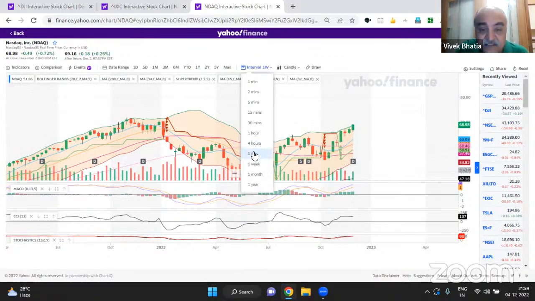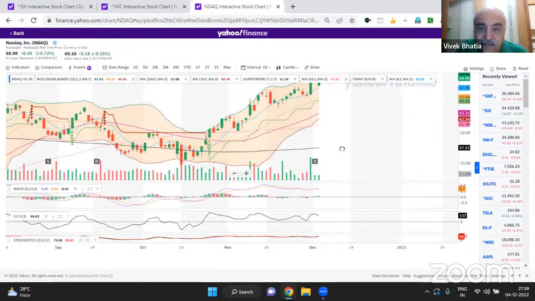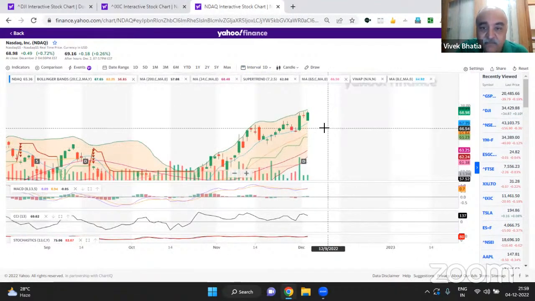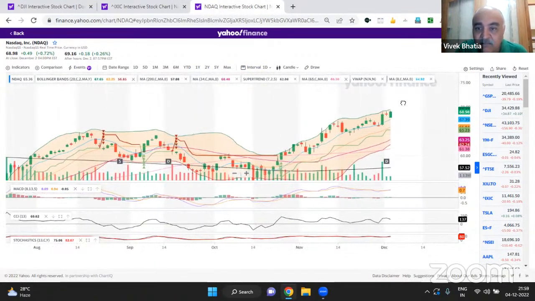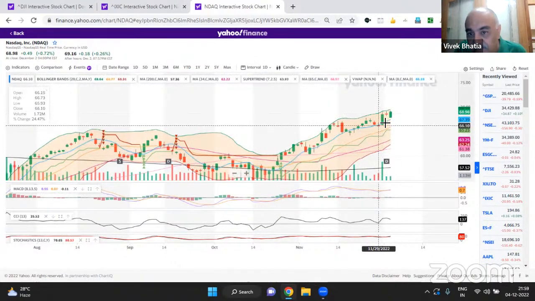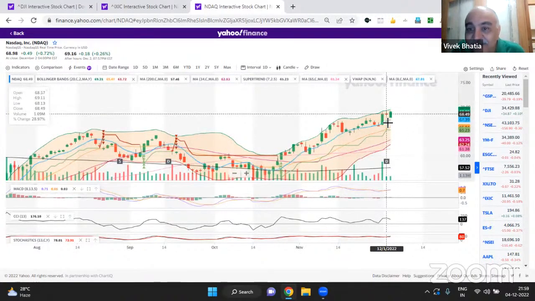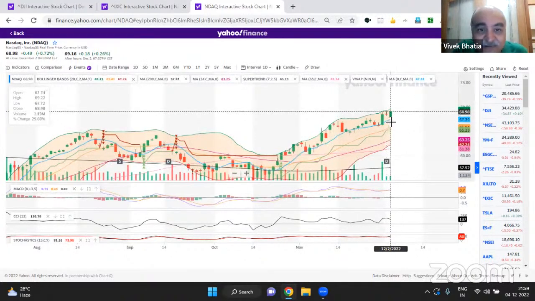Let's see the day chart also. Day chart is even stronger if you ask me. Number one, it closed near the high of the week. It's a bullish engulfing Marubozu, taking support at the 8 moving average. And if you look at it very carefully, the 8 moving average is at 67.39.